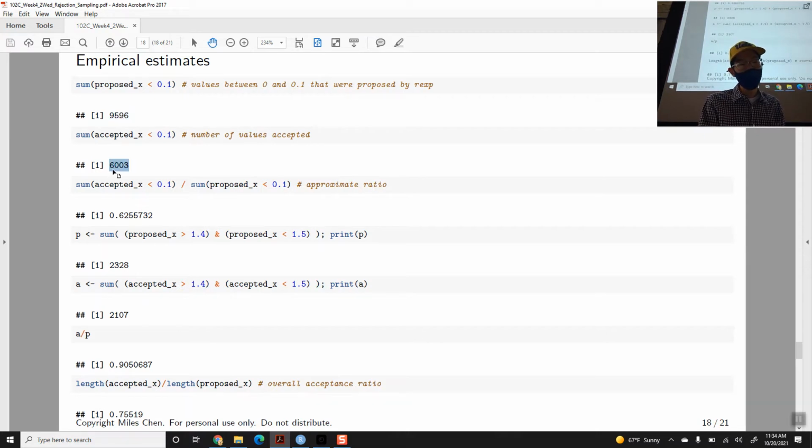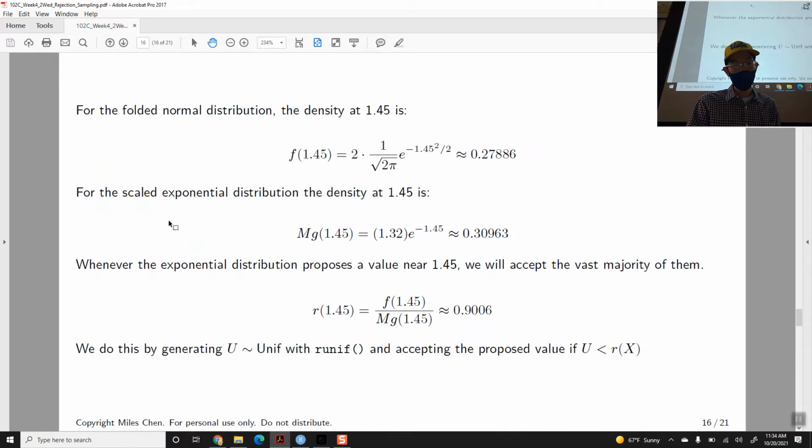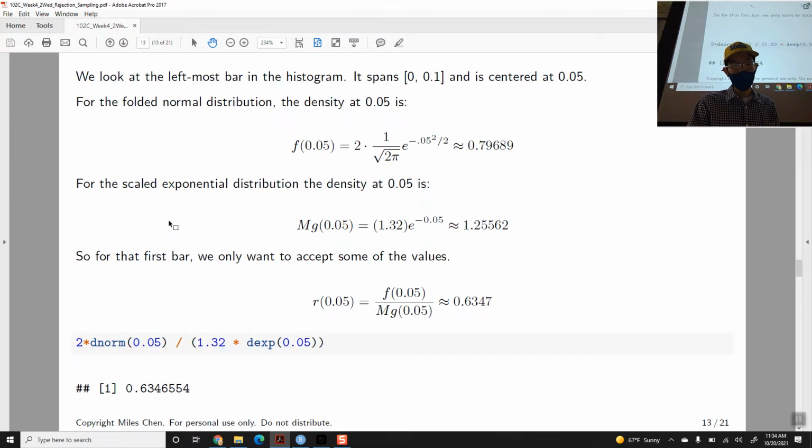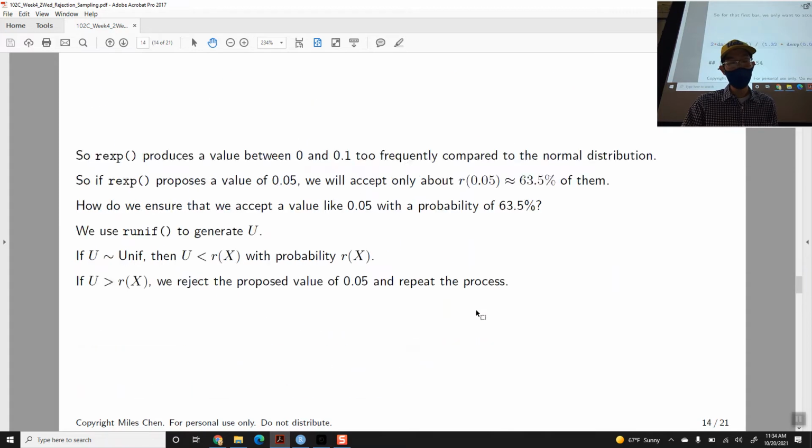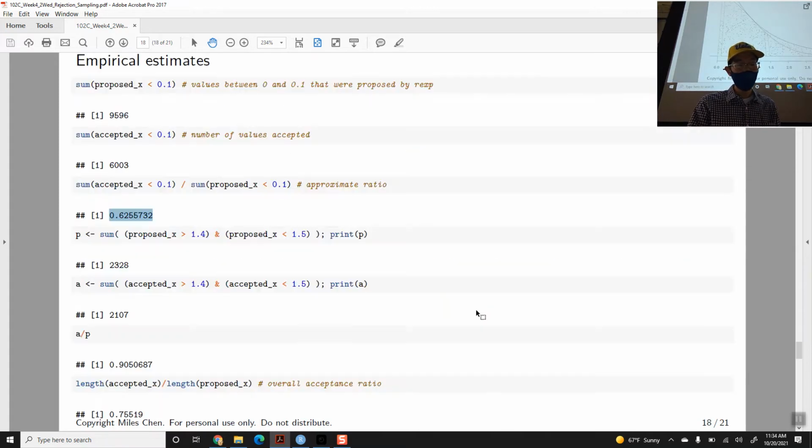Compare that to how many did I accept? I accepted around 6,003 of them. So the ratio of how many I accepted is 0.6255. Compare that to the theoretic ratio, which is around 63.5%, and empirically I accepted around 62.5%.